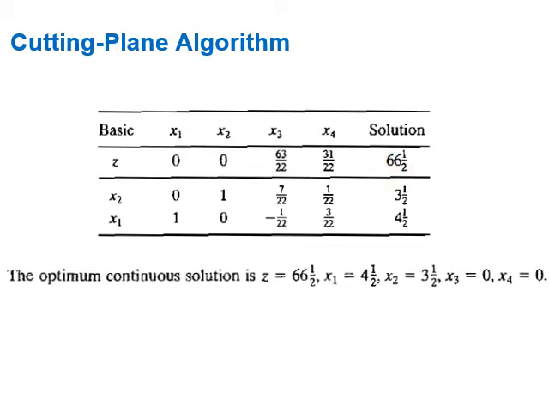And this is not an integer solution. It means that according to the cutting plane algorithm, we need to include a new cut. And how did we generate these cuts? Remember, for each row, either row 0 or the row corresponding to the first constraint and the row corresponding to the second constraint, we can generate cuts if the right-hand sides are fractional.